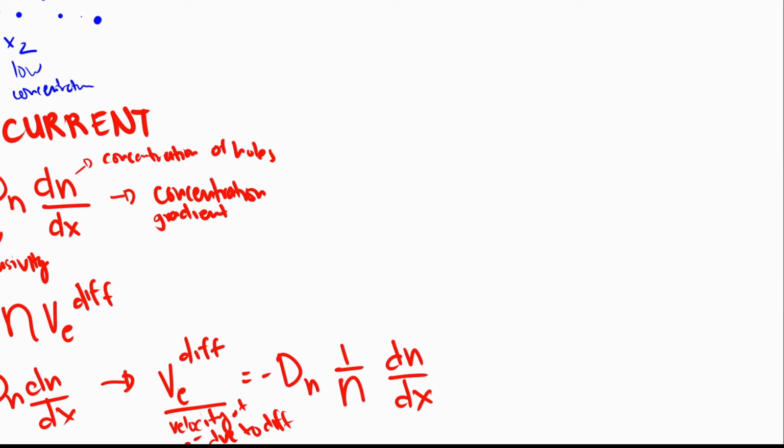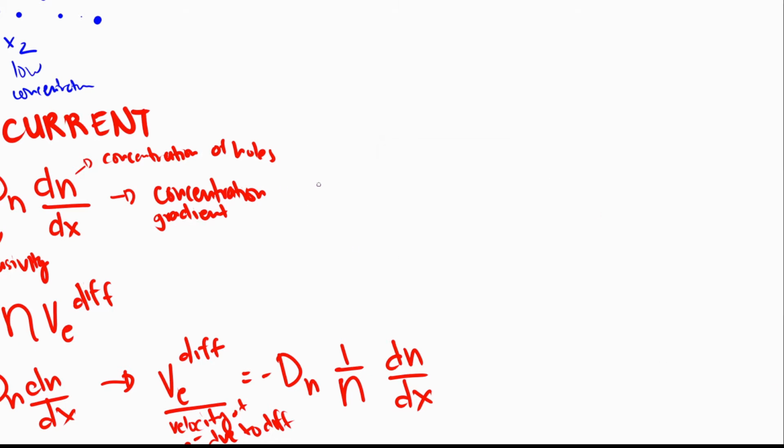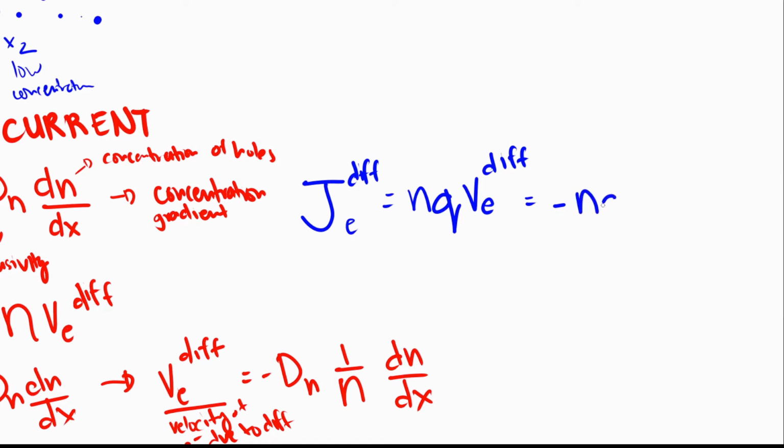let's use a different color. Let's use blue. Our diffusion current density is just J_E diff. And from your diffusion current, this is just equal to n q V_E diff, or this will be equal to negative n q, sorry, negative n q V_E diff, or negative n q times negative Dn, 1 over n, dn over dx.